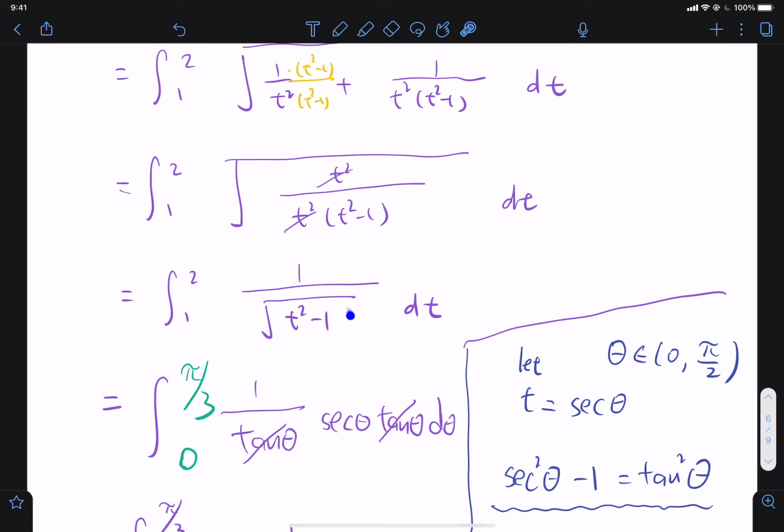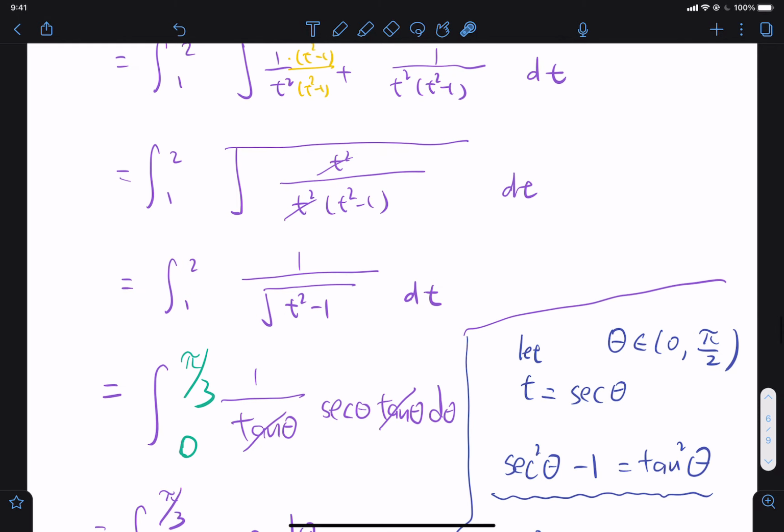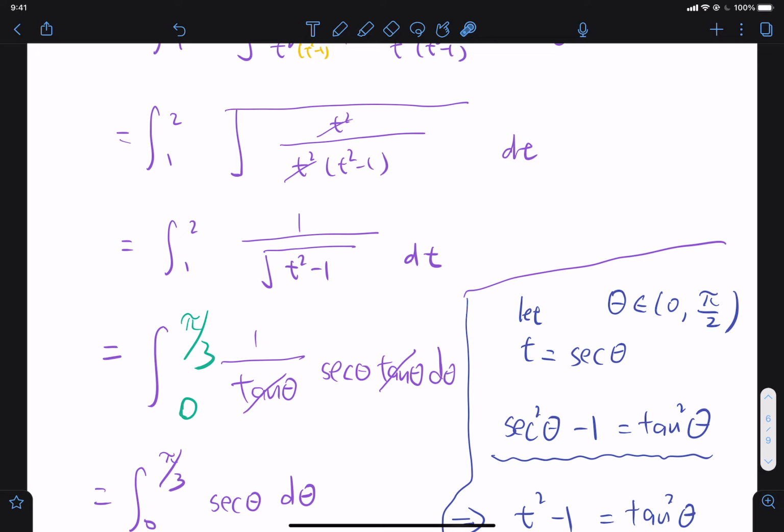And this is a somewhat difficult integral, and we've done something in the last two tutorials about the substitution of trig functions. To get rid of such a square root, we need to make something square. So I'm going to let t equal to secant theta, because we have secant squared theta equal to 1 plus tangent squared theta.